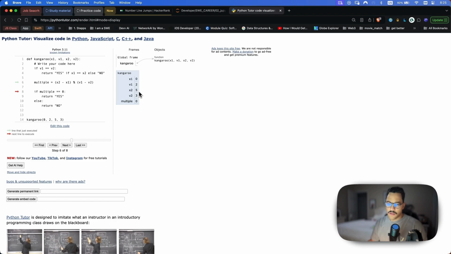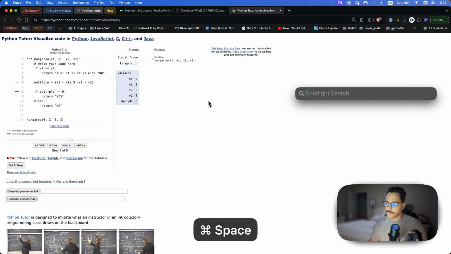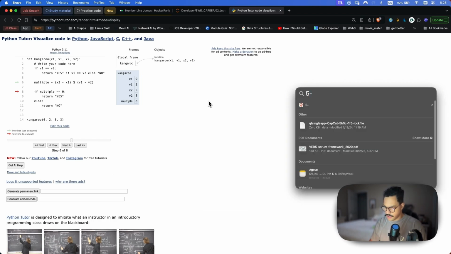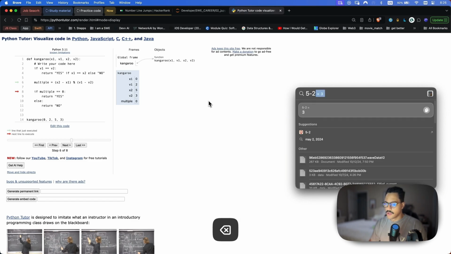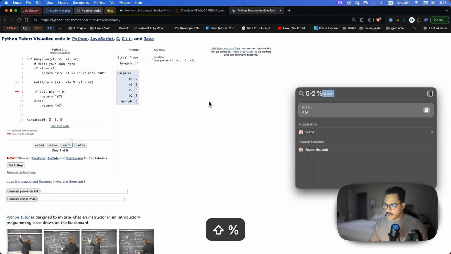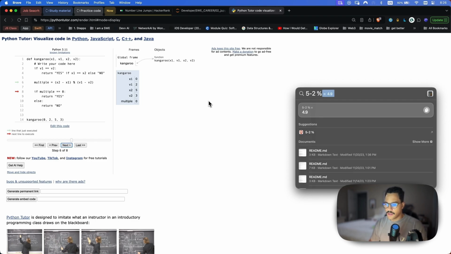So x2 in this case is going to be 5. So right here, so you guys can see it, and I can see it too. 5, which is x2 minus x1, which is 2, 5 minus 2, right? And then it's equal to 3. What happens if I do mod? So 3 mod 2 minus 3.